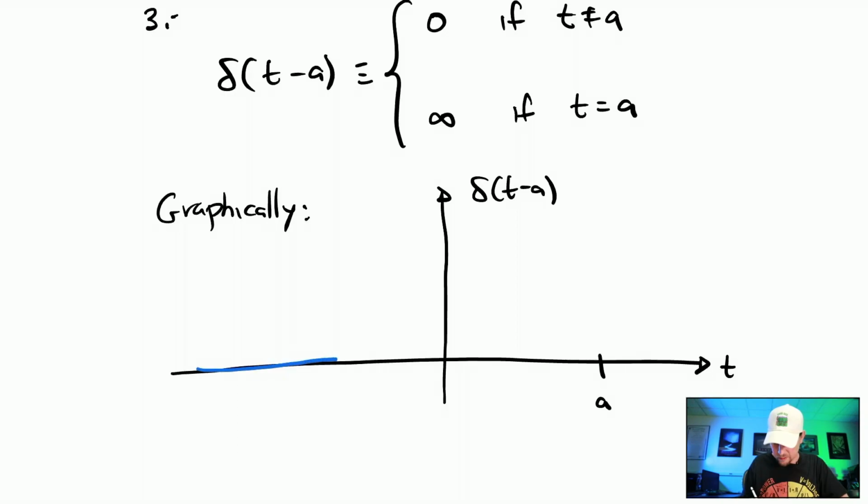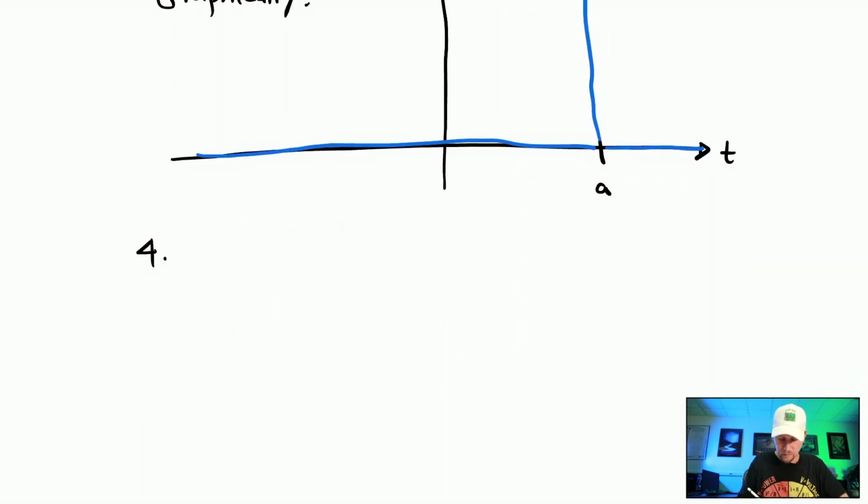It's absolutely 0 everywhere, and then here it blows up to infinity at the place where the argument happens to be 0. In addition, if you integrate over the value that makes that delta function 0, that integral happens to be 1 as well.